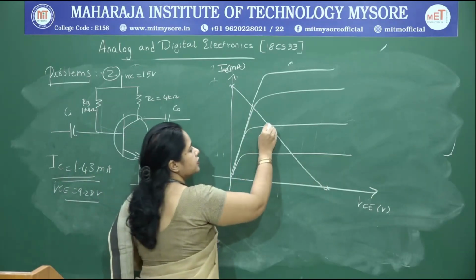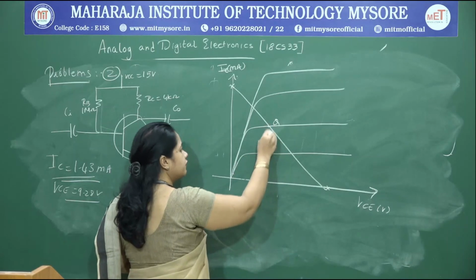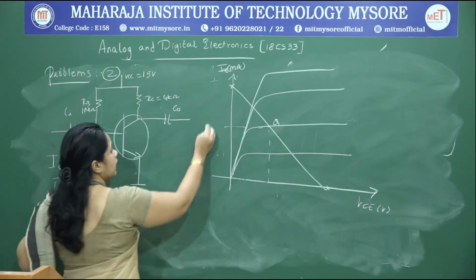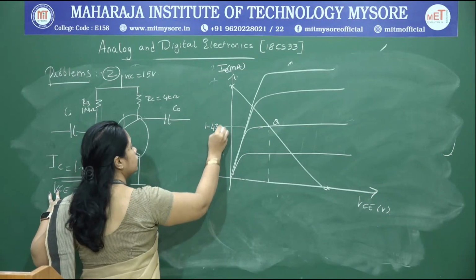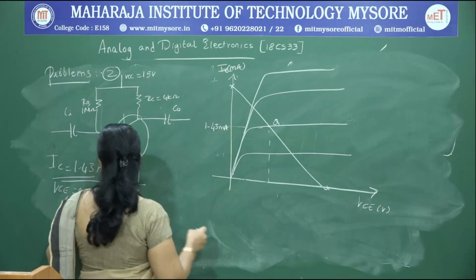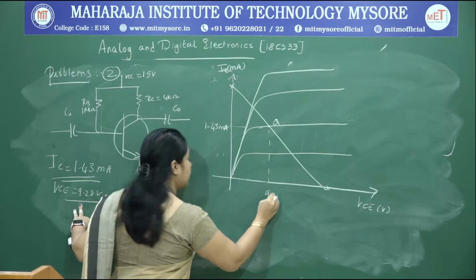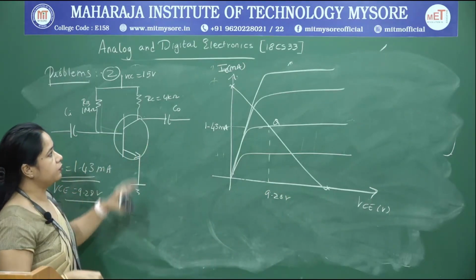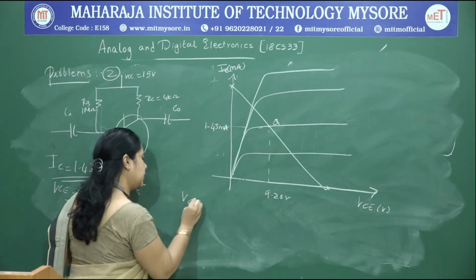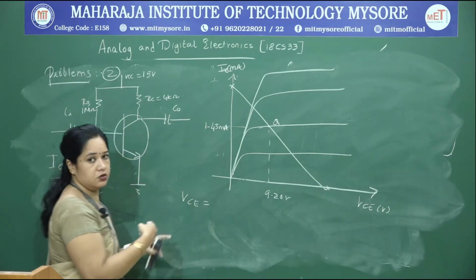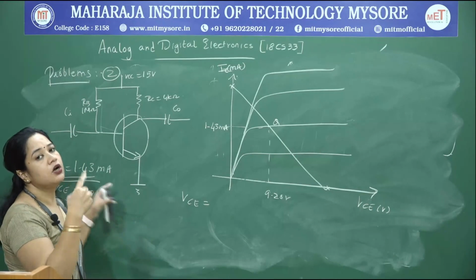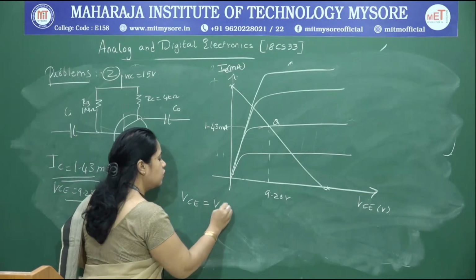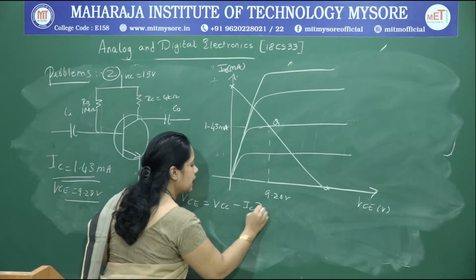The point of intersection we call the Q point, which we have already determined, and the corresponding values are 1.43 milliamps and 9.28 volts. The equation which relates the output voltage with the output current is VCE equal to VCC minus ICRC.